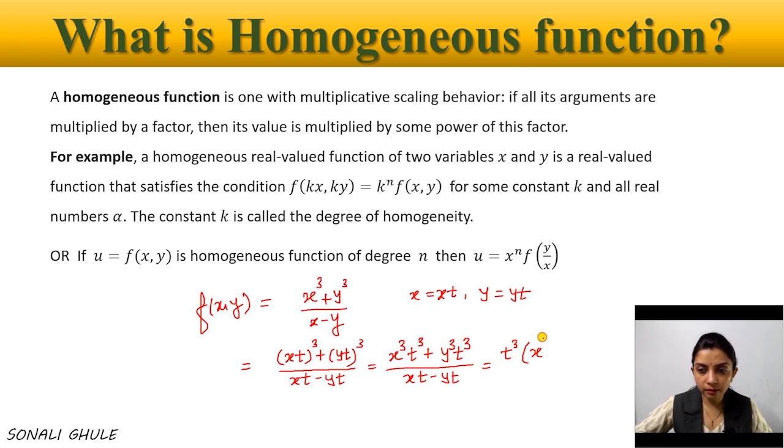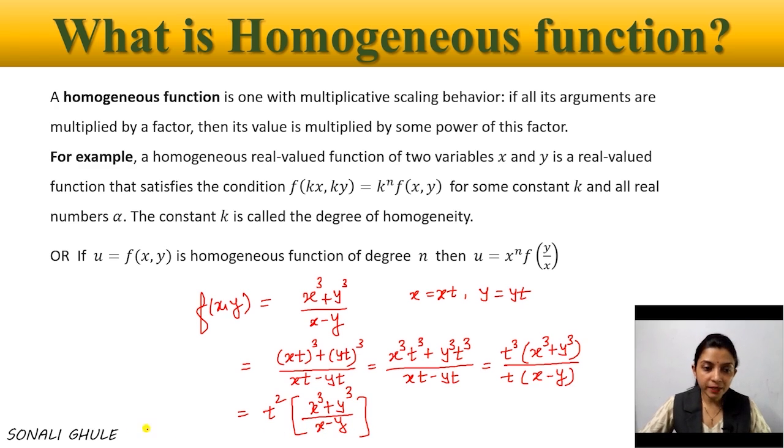Then what is remaining? x cube plus y cube. Divided by, now at the denominator t is common. Then x minus y is remaining. Now see here, t cube divided by t means it is t square. So what is remaining? x cube plus y cube upon x minus y.